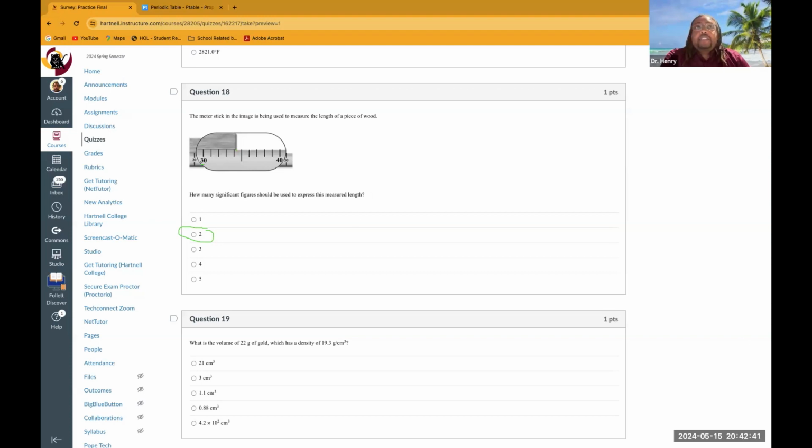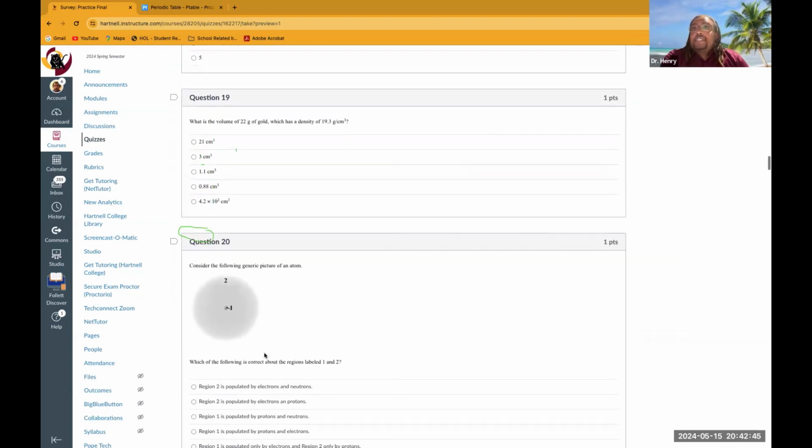Okay, you ready for the next one? Let's see. What is the volume of 22 grams of gold, which has a density of 19.3 grams per cubic centimeter?